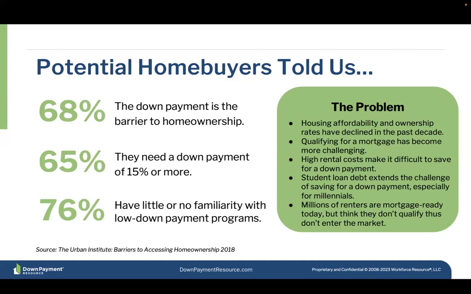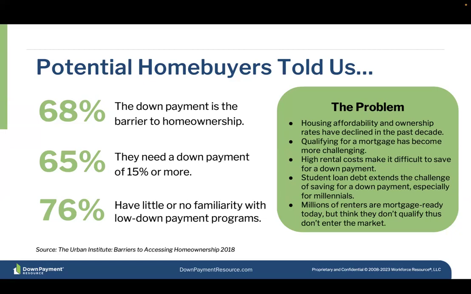We all know that's flat out not true because we know that there are, to the next point, low down payment mortgages. However, when those millennial renters were asked as part of this survey, are you familiar with low down payment mortgage programs? 76% of them said they had little or no familiarity with low down payment programs. That means they didn't know that with FHA, you can get a home for 3.5% down.